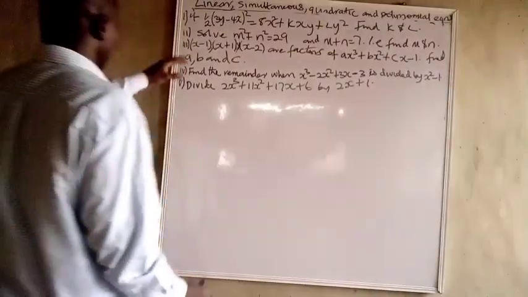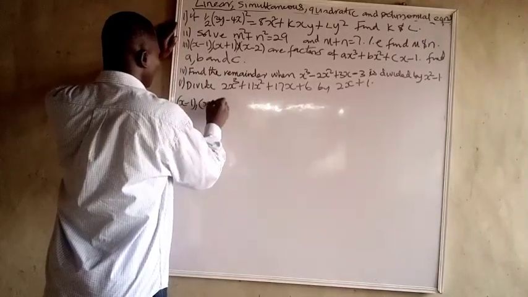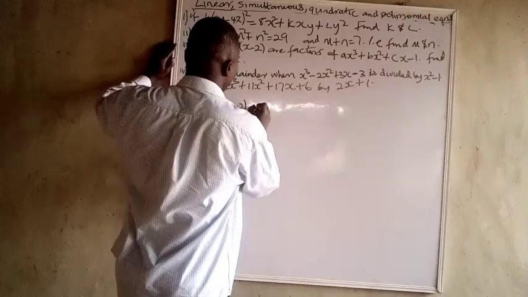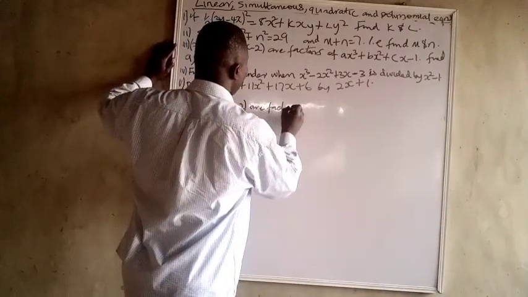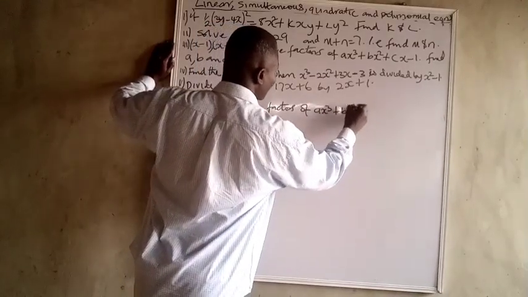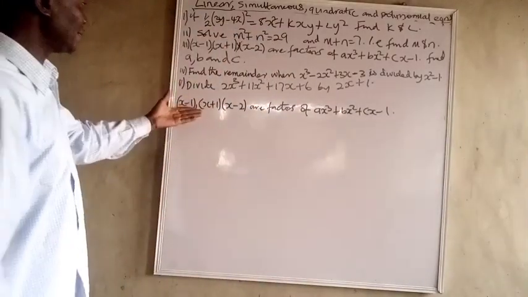Now we have the next one, which is this. x minus 1, x plus 1, x minus 2 are factors of ax cubed plus bx squared plus cx minus 1. Now we have to find a, b, and c.